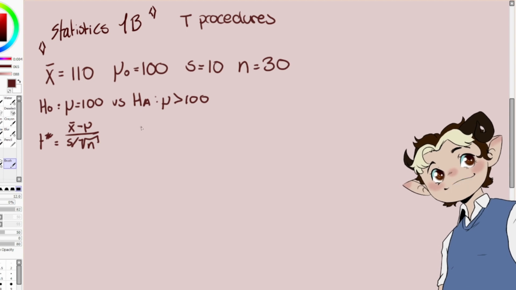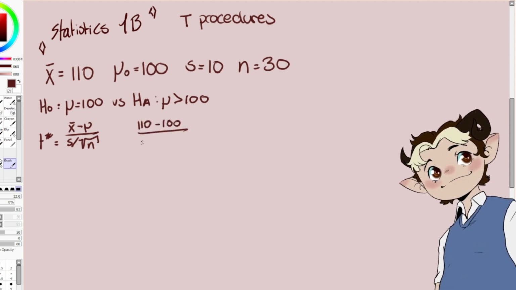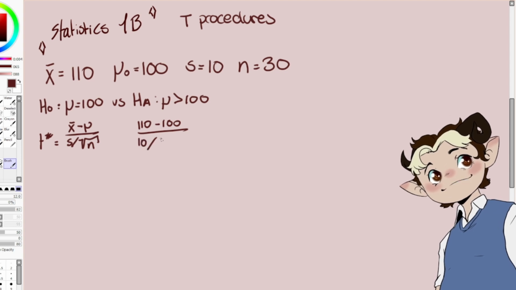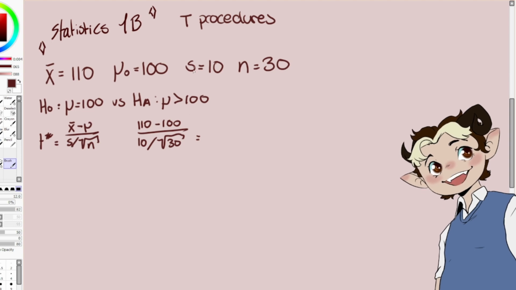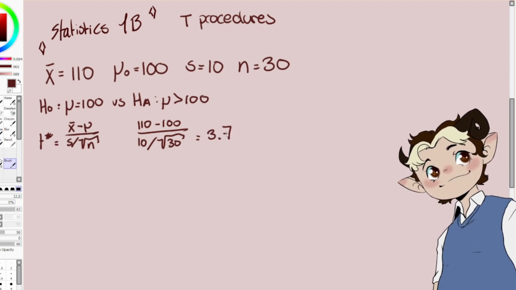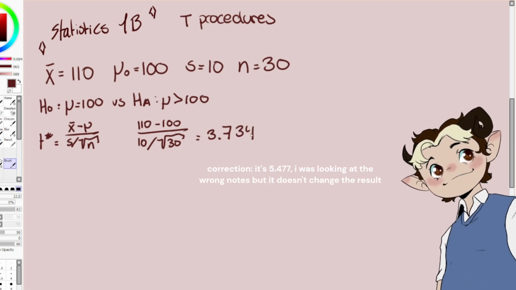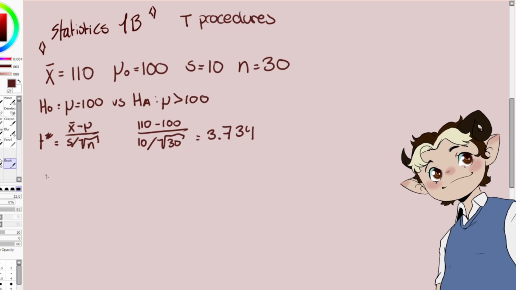So let's plug that in. 110 minus 100 divided by 10 divided by the square root of 30. And if we plug that in, you can put it in your calculator, you get 3.734. Now what? Well, we have to look at our degrees of freedom.